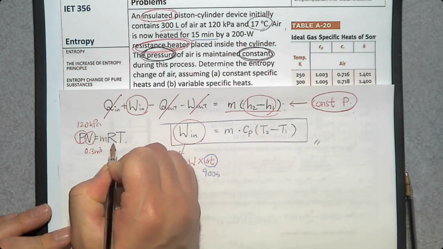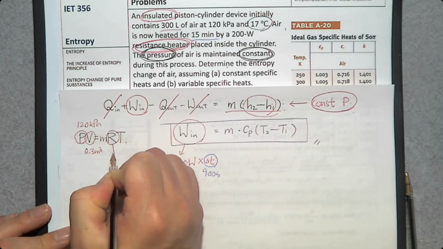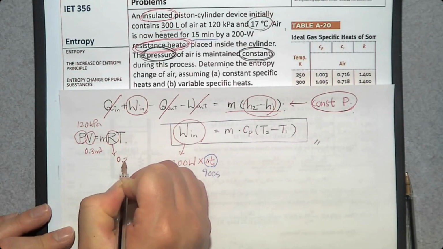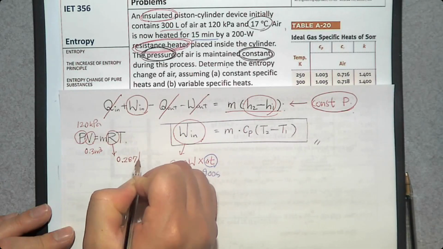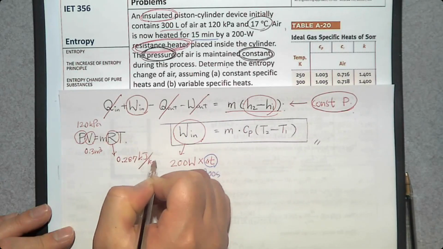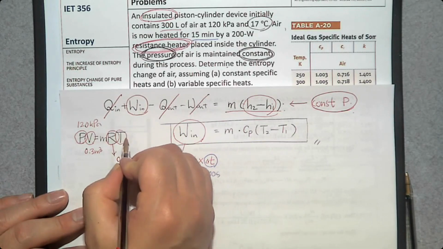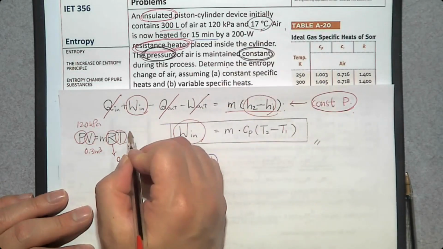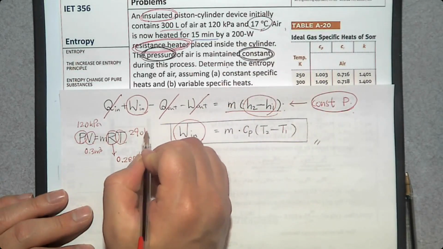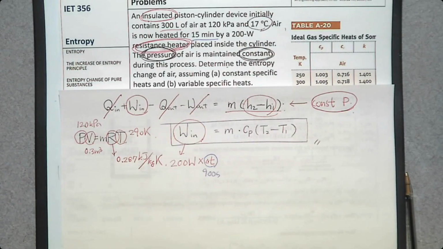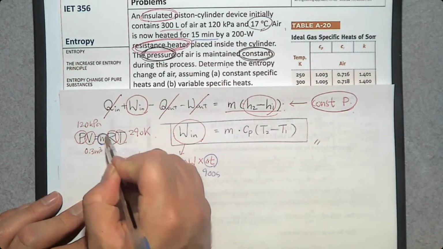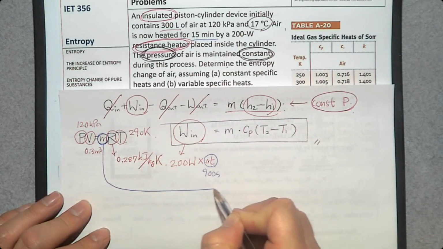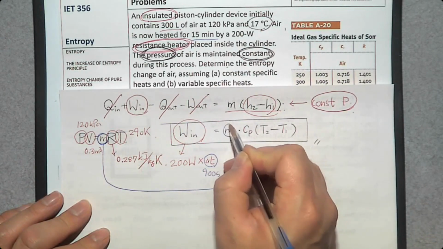What is the gas constant R of air? 0.287 kilojoule per kilogram Kelvin. Temperature T, 17? No, 290 Kelvin. So we have everything but mass m. Can you determine mass m? Yes, you can. This one goes into this equation.